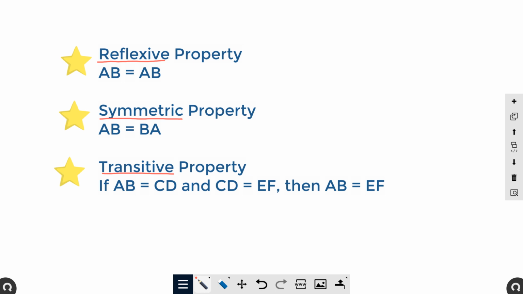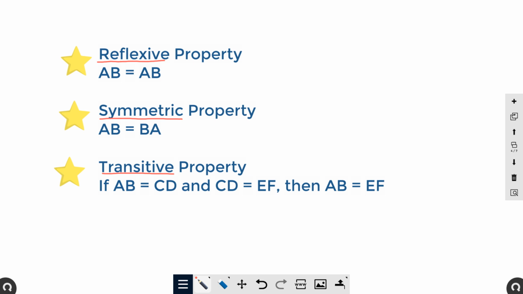Now, reflexive, symmetric, transitive. How I remember it: RST, 1, 2, 3. Kind of similar to point, line, and plane, how we have 1 letter for point, 2 letters for lines, 3 letters for planes. These 3 are kind of the same. Reflexive deals with one thing. When I think about reflexive, I think about reflection.